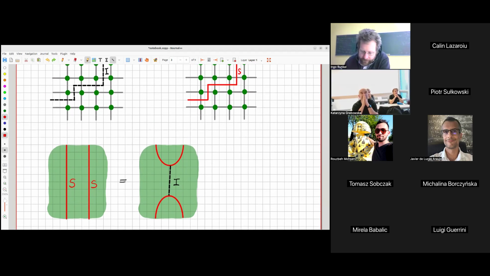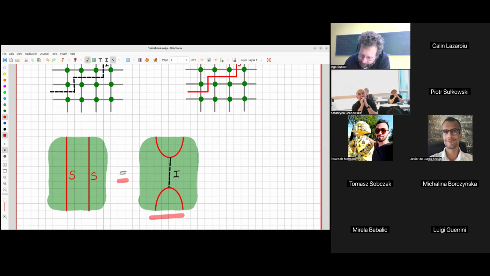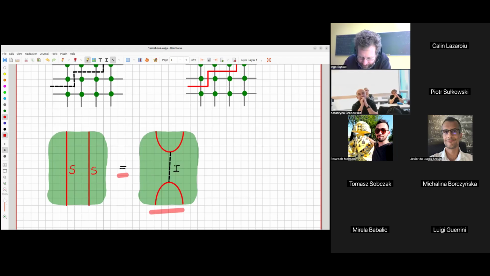And I'm saying that you've got the following exact identity on the lattice. If you have two parallel lines marked by S, you can connect them as in the second picture, and then you get this identity defect, which I might as well omit, right? I'm drawing it here because of an equation I want to write in a minute, but really, from the point of view of the lattice, I could just omit this.